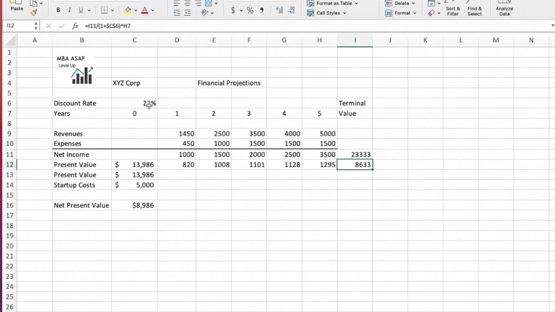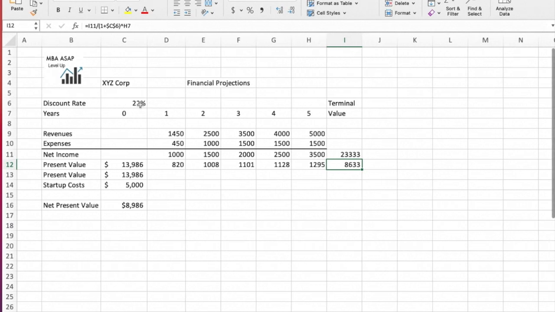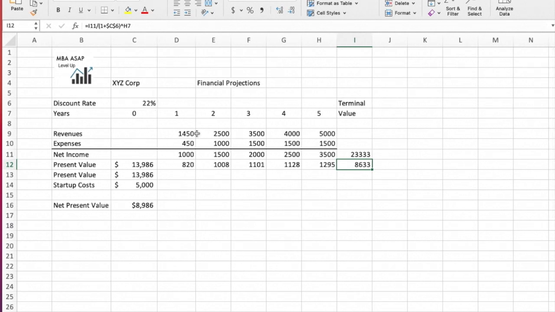I would consider that a conservative rate that has a lot of risk embedded in it. If you think about treasury bills as being the risk-free rate, they're probably at about maybe 2% or 3% or something like that. So that gives a lot of room for other types of risks that you might encounter in trying to predict these cash flows into the future.